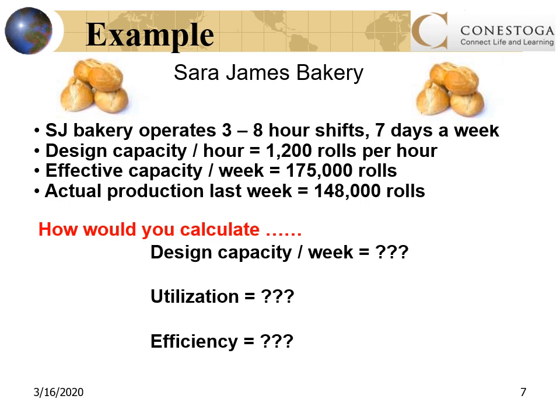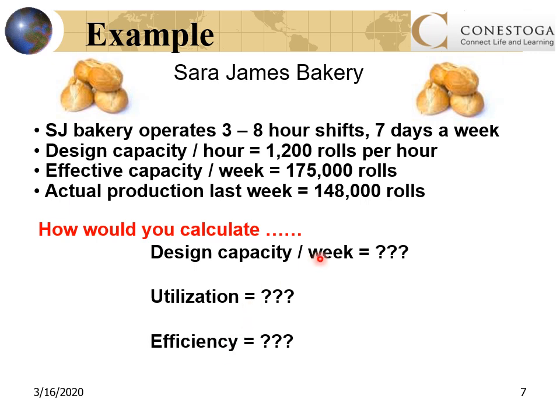The effective capacity per week is 175,000 rolls, and the actual production last week has been 148,000 rolls. So the first question is, what is the design capacity per week? The second thing we are interested in is to measure the utilization. The third thing is the efficiency.